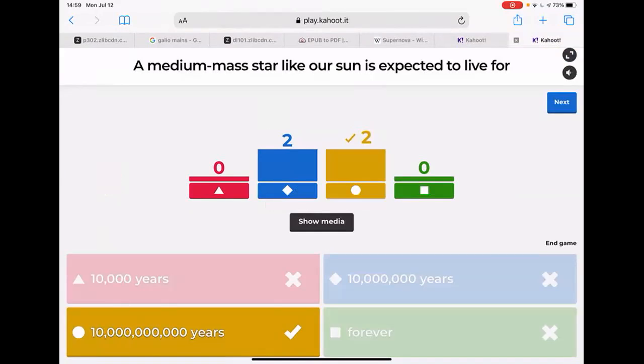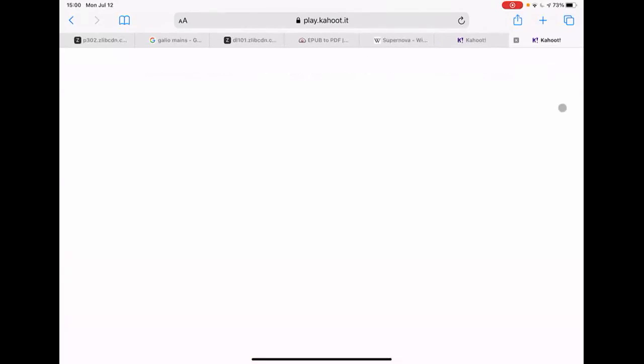So that's about how long our sun has to live. I know it's really difficult because when I first saw this, I thought the answer was going to be the blue, because I thought that was 1 billion, but that's actually 10 billion. So this is the correct answer because that's 10 billion years. Yeah, so our sun's going to be around for a very long time.